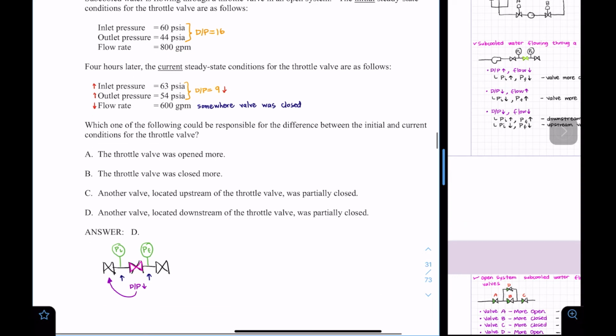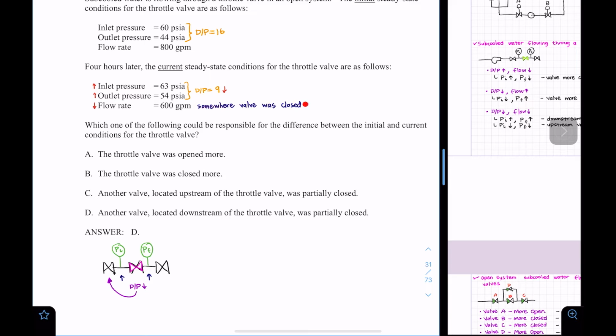Now let's compare it with the current steady state conditions. In the current steady state conditions, we have the inlet pressure increased and the outlet pressure increased. My dP decreased. Since I know that my flow rate decreased, this is telling me that somewhere this valve was closed.